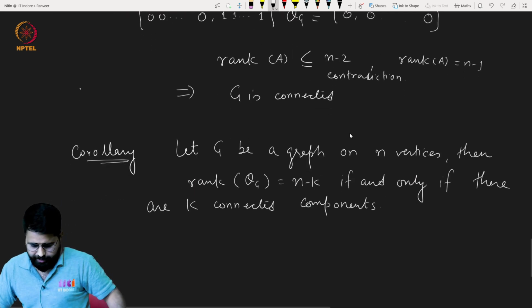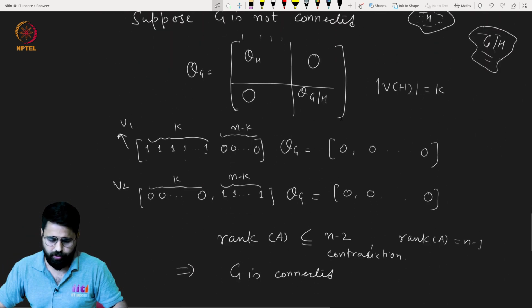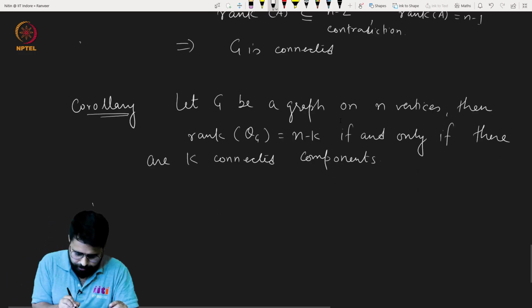Very nice. The proof is actually straightforward once we know the proof of this.